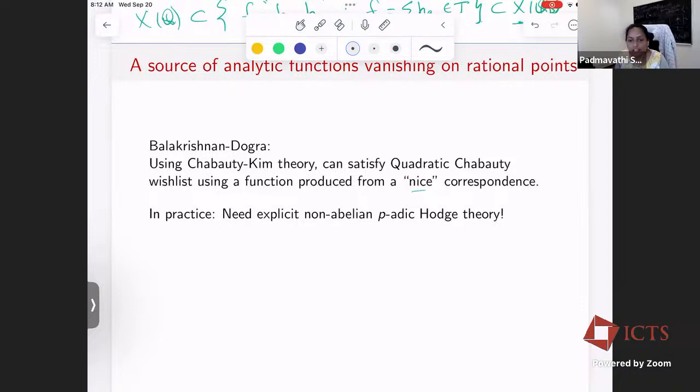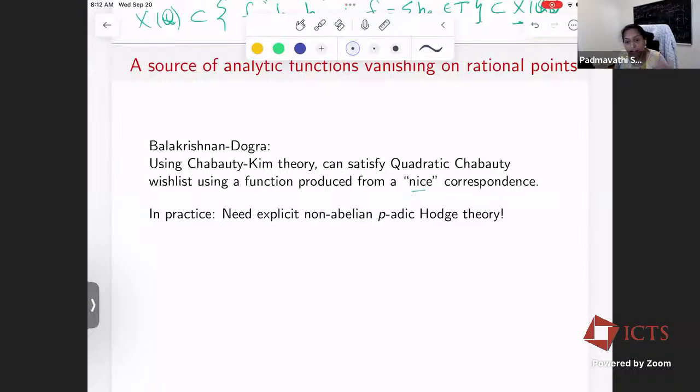So they used this data of an extra correspondence to build a particularly nice mixed extension of Hodge structures, and they used the fact that such extensions of Hodge structures have an associated p-adic height due to Nekovar. But in practice, when you need to describe these things explicitly, you need to make various objects in p-adic Hodge theory explicit.